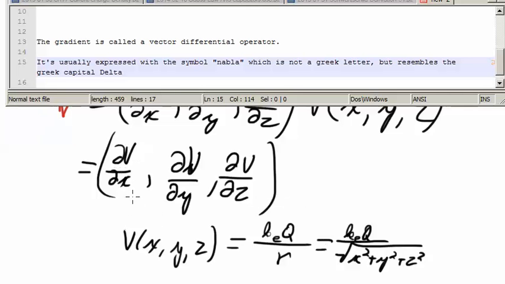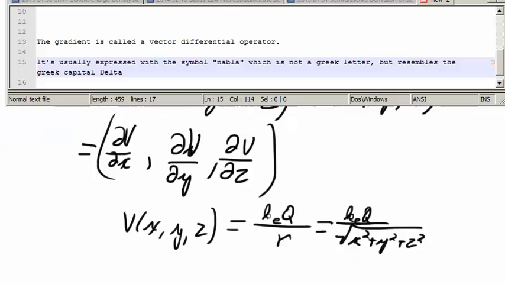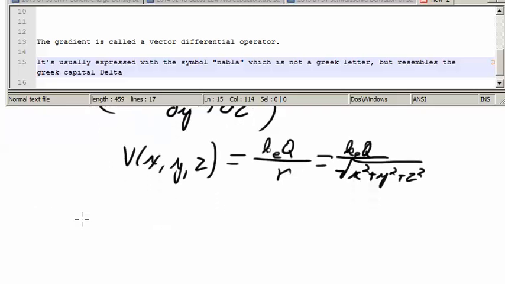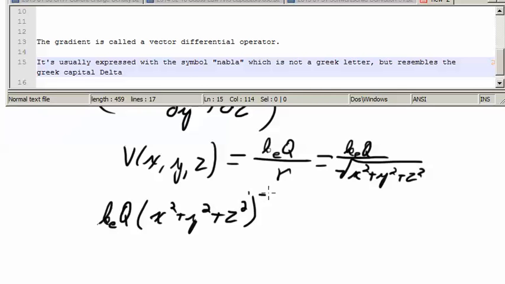Now, if you don't know how to do a derivative, what I'm about to do probably won't make much sense to you, but you might understand the algebra of writing this equivalently as k sub e q times x squared plus y squared plus z squared to the negative 1/2, because that is the reciprocal square root.